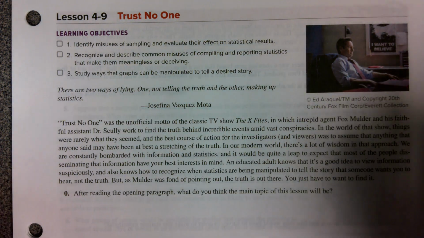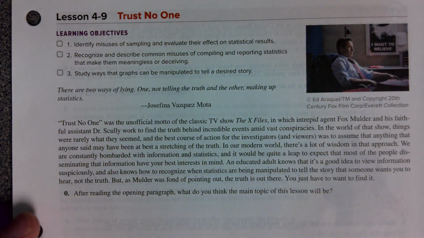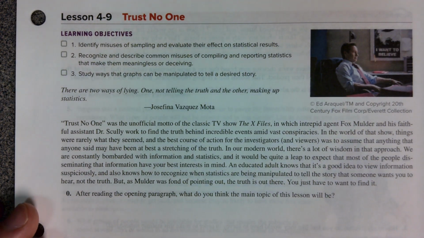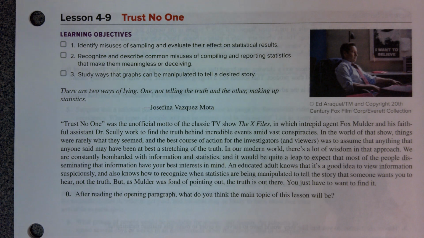This last section is kind of a hodgepodge of topics, and basically we're looking at how people try to convince you of things using numbers. The whole goal of this class was to learn how to think critically using numeracy, using quantitative information.